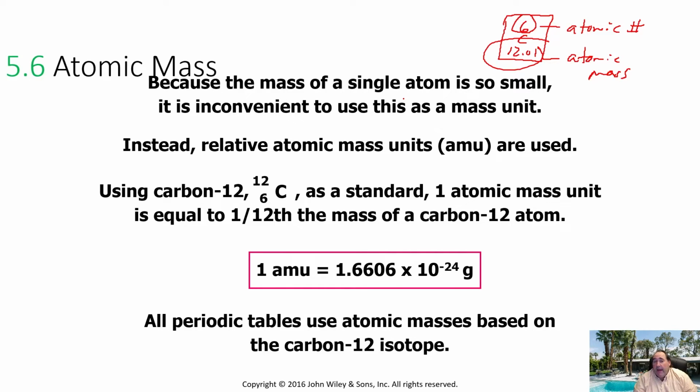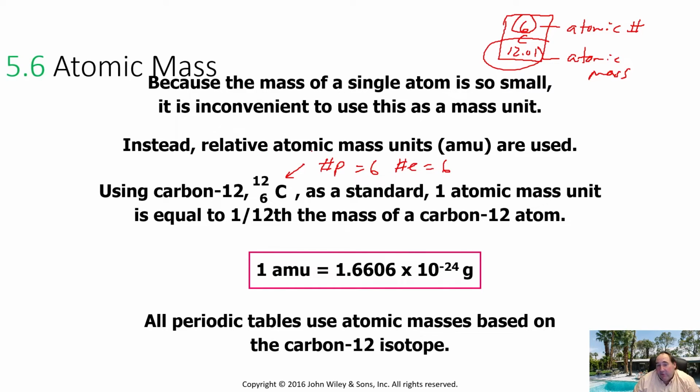For atomic mass, the standard is an isotope of carbon, the carbon-12 isotope. The carbon-12 isotope has a couple of features, as we can see here, and we can figure those things out. It has 6 protons. It should also have 6 electrons.